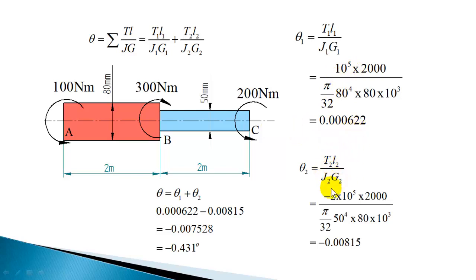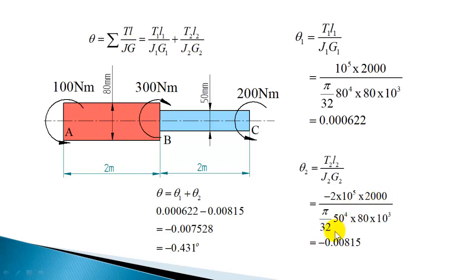Now in the second section, you have an anti-clockwise torque, so here I am putting the negative sign. When you sum up, you should take anti-clockwise as negative. So minus 2 into 10 raised to 5 into the length, which is 2000.